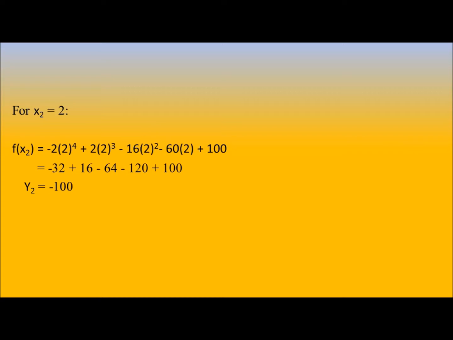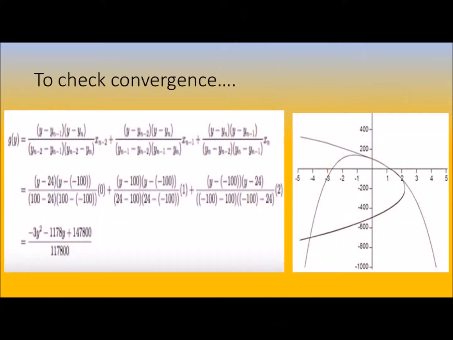For x2 equal to 2, y2 is equal to minus 100. Thus we get the corresponding y values when we substitute the x values.